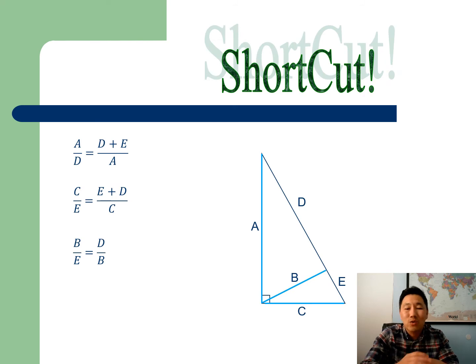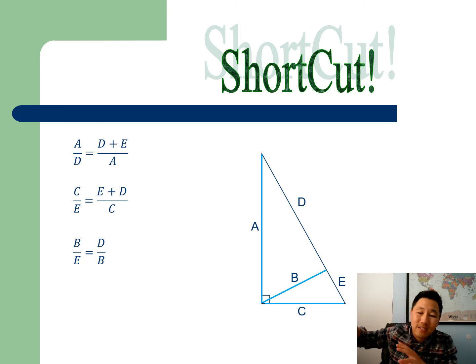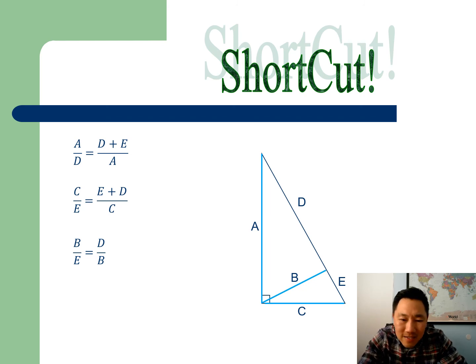There is a shortcut. So if you didn't want to draw out 3 separate triangles every single time and try to match all the sides up, there is a shortcut that will be very helpful. If you notice in the picture that I gave you, I drew in 3 lines that are a little bit different colored than the triangle.